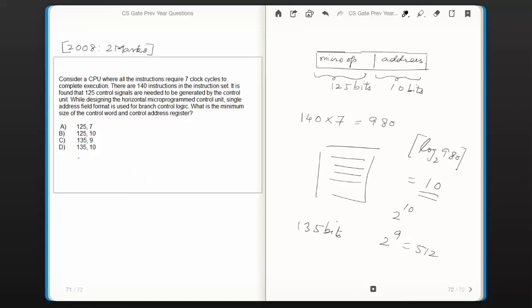So the correct option is 135, that is the width of control word, and 10 bits is the width of control address register.